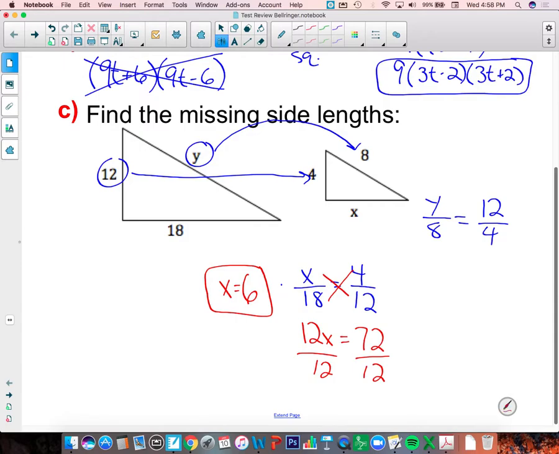So, same kind of thing. 4y equals, multiply there, 96. Divide by 4, solving that equation. Y equals, all right, we're going to have 40, 80, so that gives me 24. There we got it. Y equals 24, x equals 6.